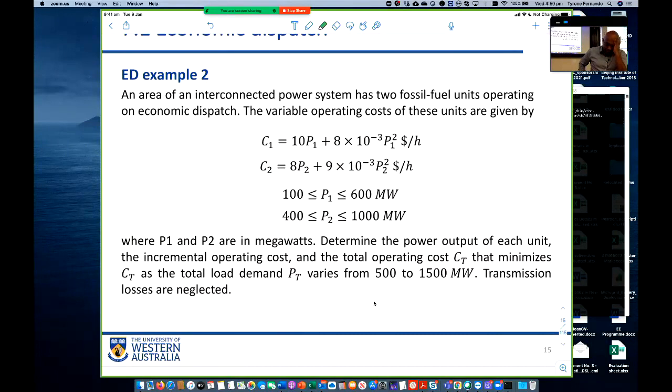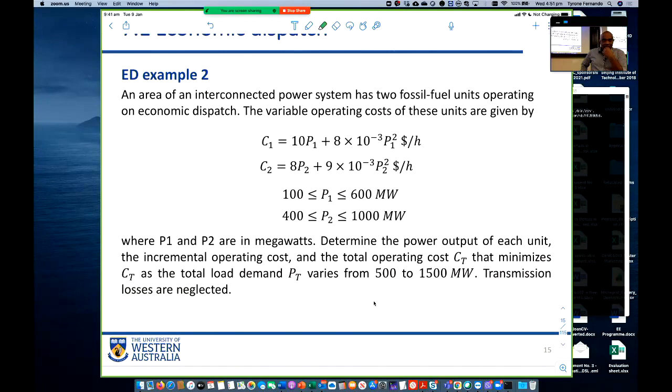Generator 1 needs to provide at least 100, right? So if the load is, let's say, 500, then generator 2 must give all 400, and generator 1 must give all 100, because you can't go lower than that, right?